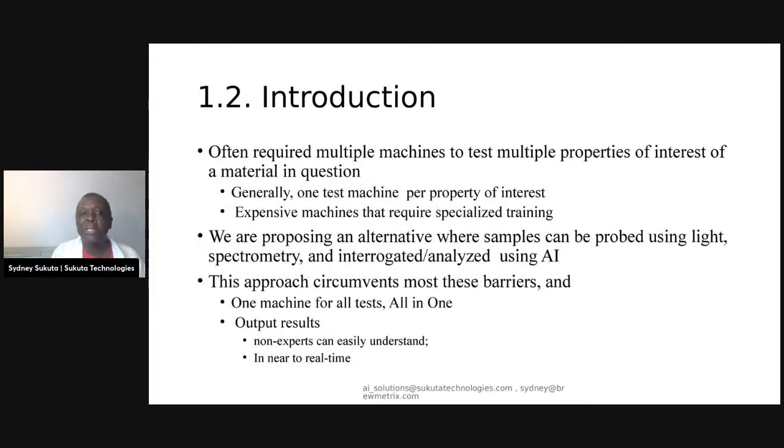This approach circumvents most of the barriers, and here you'll have one machine for all of them, all in one. And once the algorithm does the processing, the output is going to be very simple to read. It's just plain English, nothing complicated there. So that's what we are striving to do.